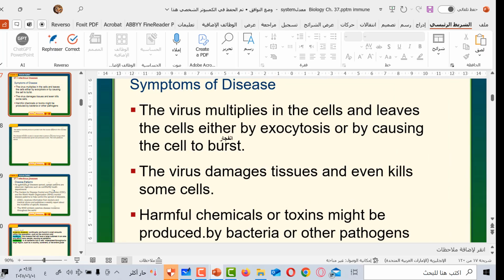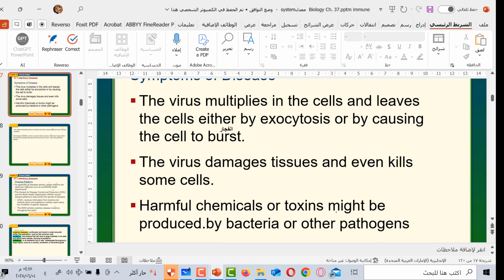Symptom of disease. The virus multiplies in cells and leaves the cell either by cytotoxicity or by causing the cell to parasite. The virus damages the tissues and even kills some cells. Harmful chemicals or toxin might be produced by the bacteria or other pathogen, okay?